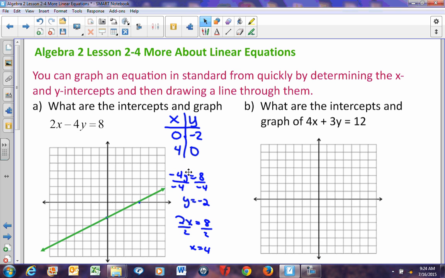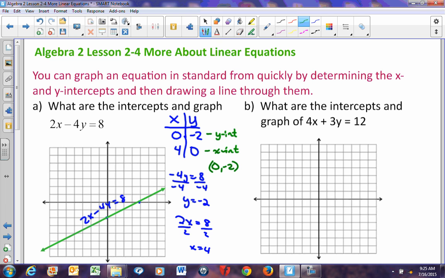And of course, I shall label my line: 2x minus 4y equals 8. In this, (0, negative 2) happens to be the y-intercept. So if you had to label your intercepts, this is my y-intercept, this is my x-intercept. And you can label them as points. (0, negative 2) is your y-intercept, and (4, 0) is your x-intercept.